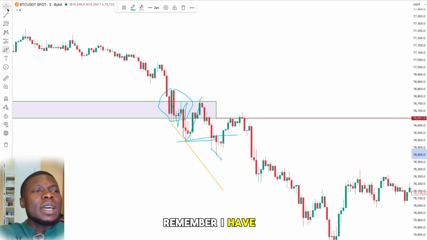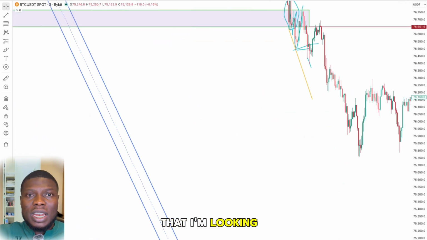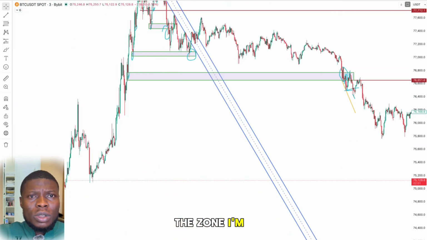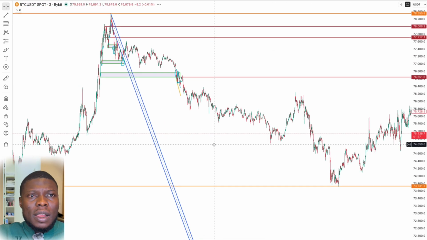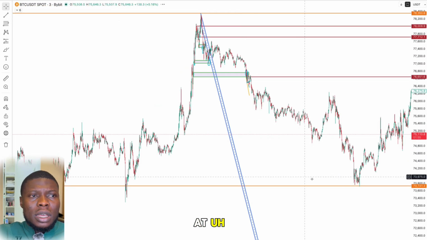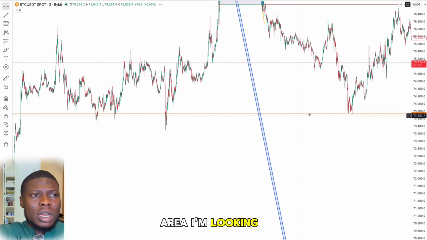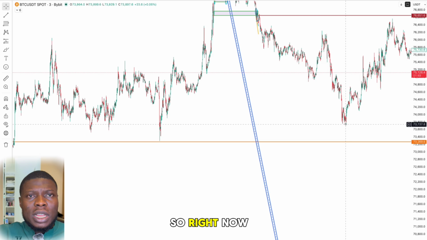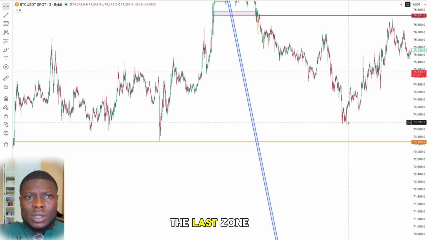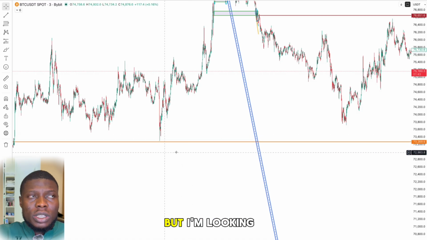Remember, I have a big zone that I'm looking at. I think the area I'm looking at is 73,000. Right now I think the last zone we got to is 73.7, but I'm looking at this clear liquidity on 4 hours.